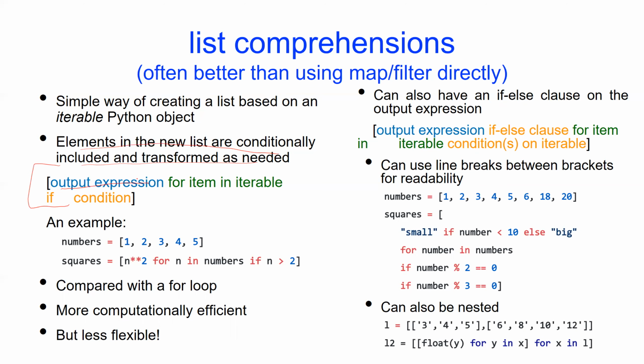Then it has a for item in iterable part, this green part, which is a kind of iteration. And then there's an optional if condition at the end.